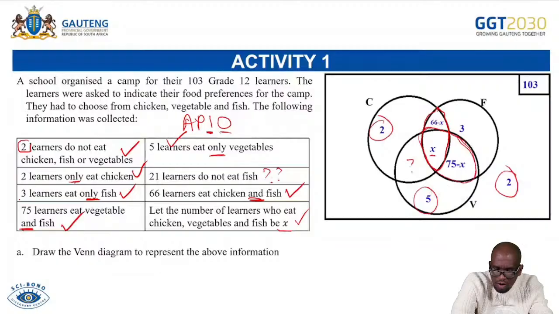So you have 21, and then you subtract 9 from 21, so you must be left with 12. That is why we fit in 12 there. So the Venn diagram is complete. Let's move on.